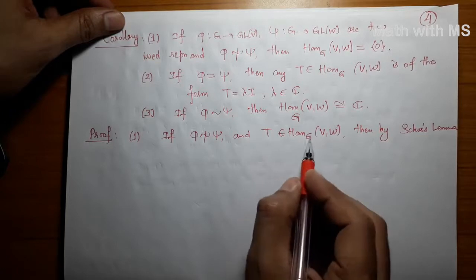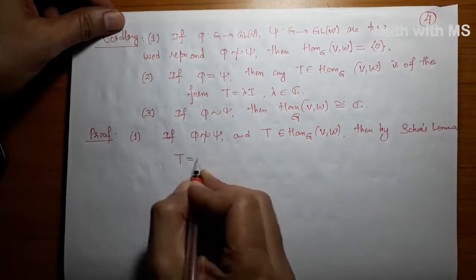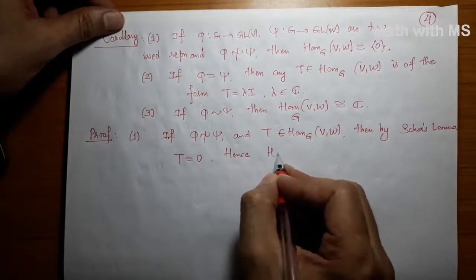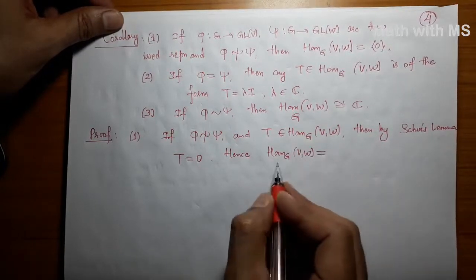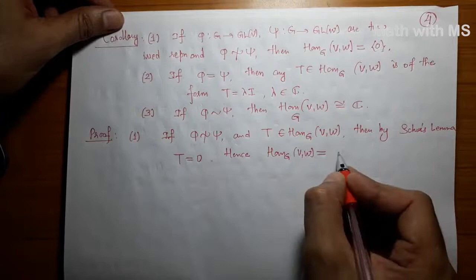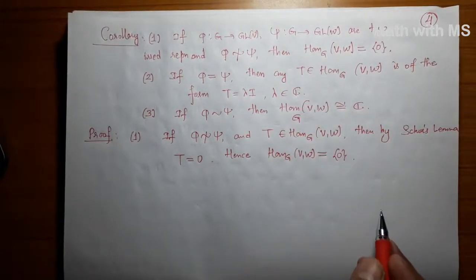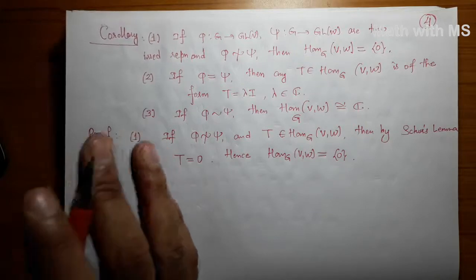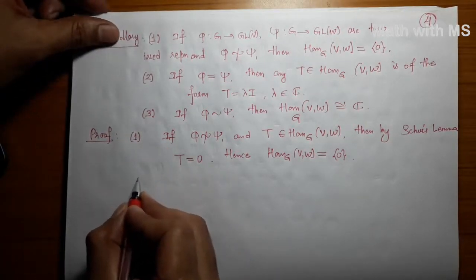But if T is invertible, the representations are equivalent. So by Schur's lemma, T should be 0. Okay, and hence the assertion that this Hom_G(V, W) of two inequivalent representations is just a trivial space. Of course, we are assuming the representations are irreducible. Okay, so you cannot have any non-trivial morphism between two inequivalent representations of a group.